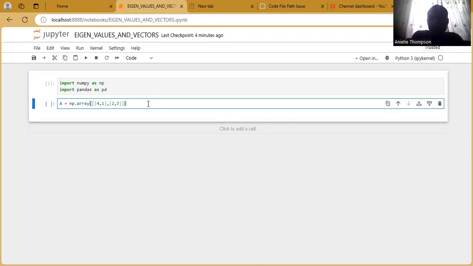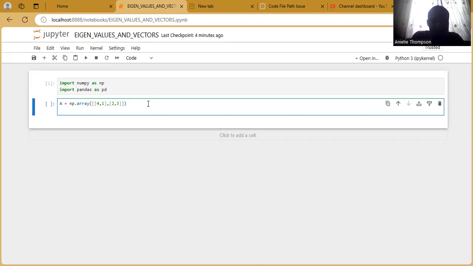That one is finished. Now, next thing there is you type the eigenvalues and eigenvectors. All right, let's put it there. You put that equals to the numpy functionality again.